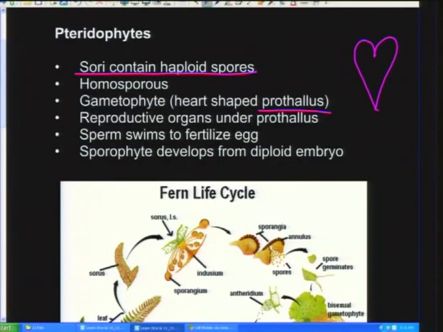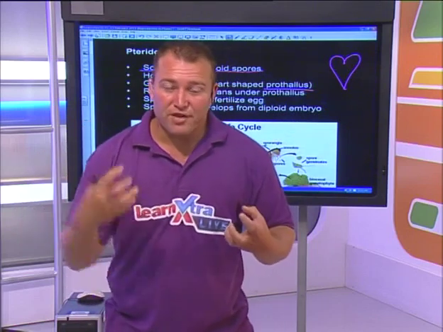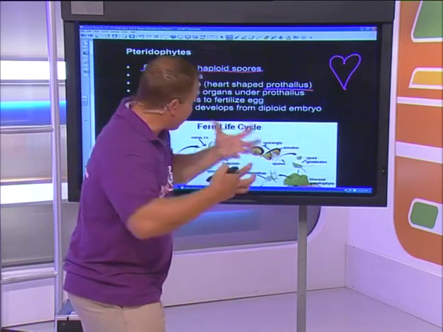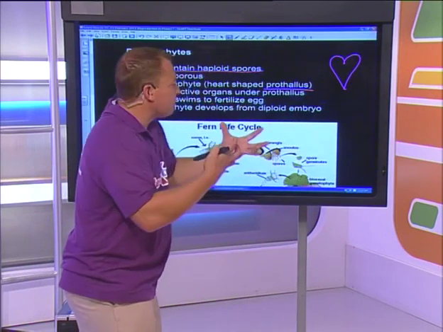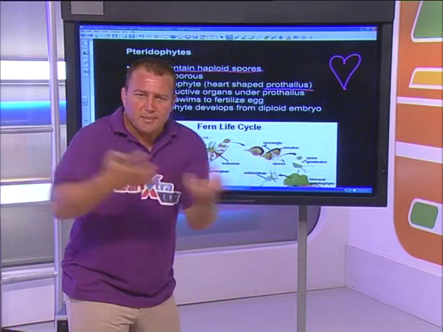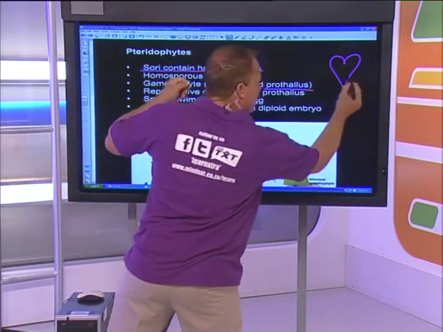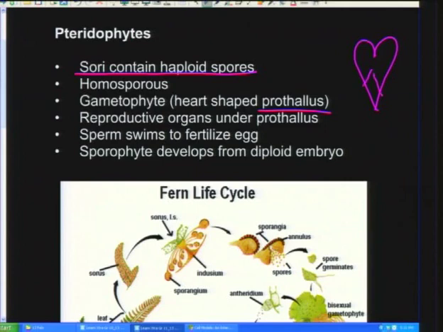Now, a prothallus is where you get the male and the female part of the plant, right? Together, they make a new plant. Right underneath it, you will get false little roots and stems. Remember, it's a thallus, which means not true. And you will get the female part of the plant or the male part of the plant.